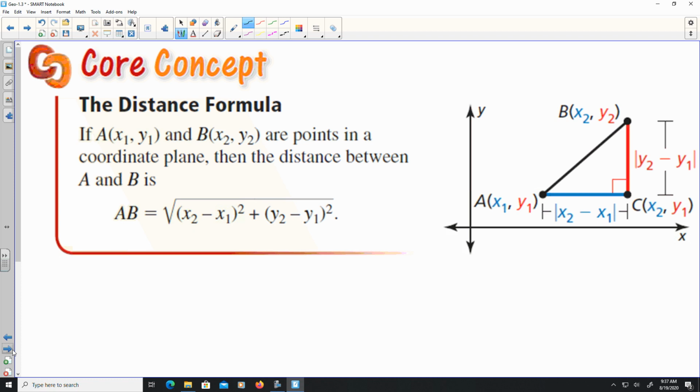So you have your x2 subtracted by your x1, you square it, and that's going to be the sum of the difference of your y2 minus your y1, and then you square it, and whatever it is, you take your square root. Remember that with the distance formula, your answer is a number, not a coordinate.